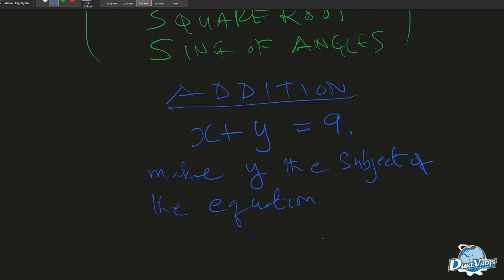So what do we see? We know that x is being added to y, and the answer is equal to 9. Now I've been asked to make y the subject. Friends, if we place our hand on the x, y is standing alone. But y is being added by x, so there's addition over here.